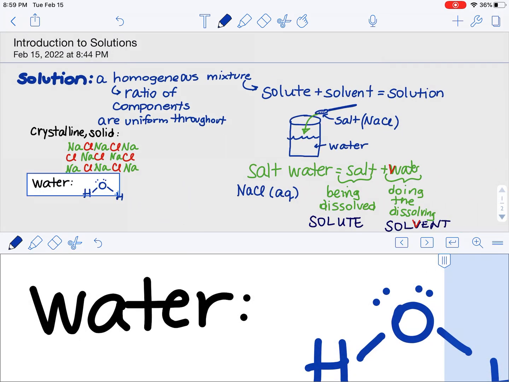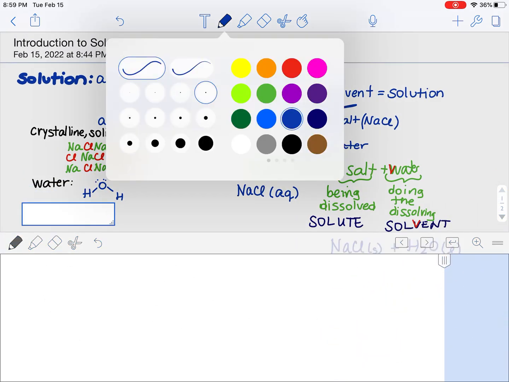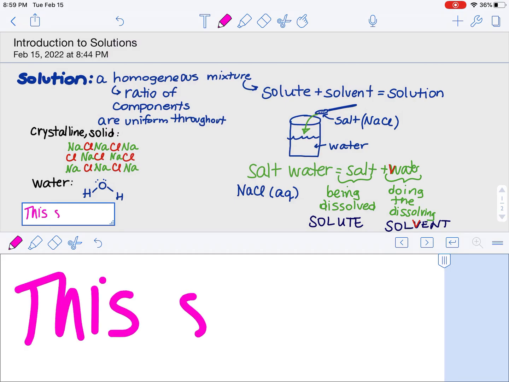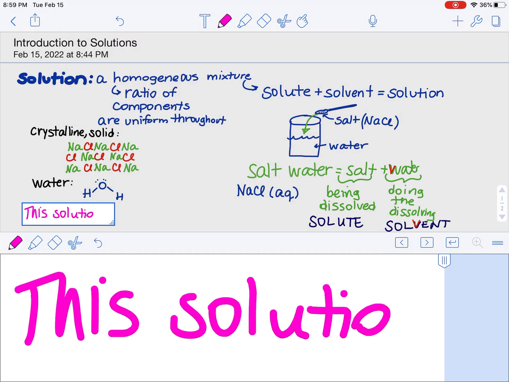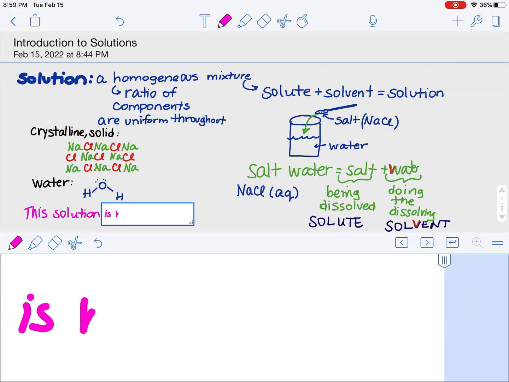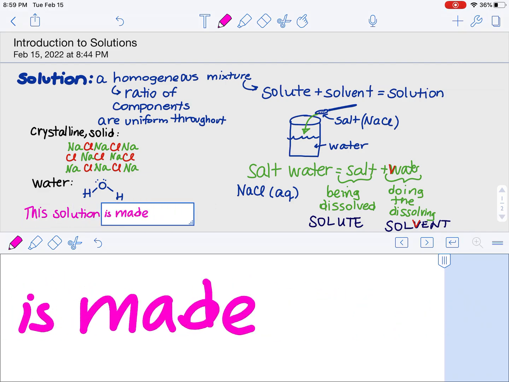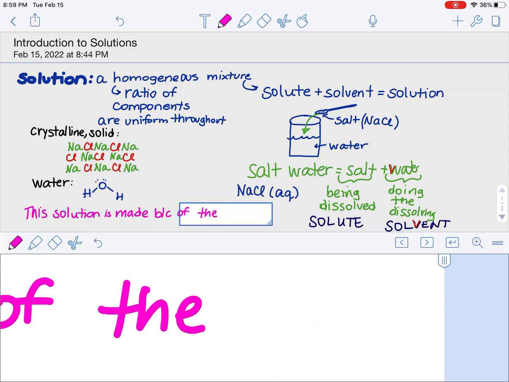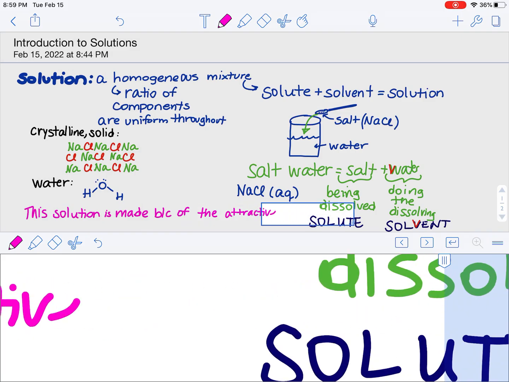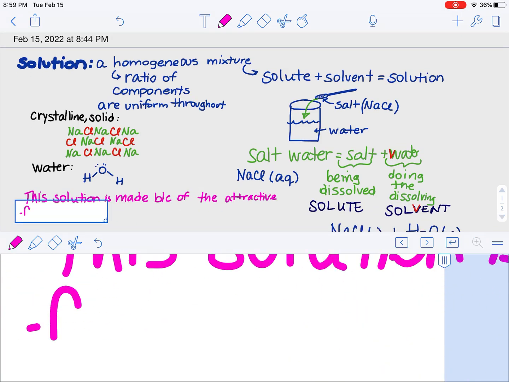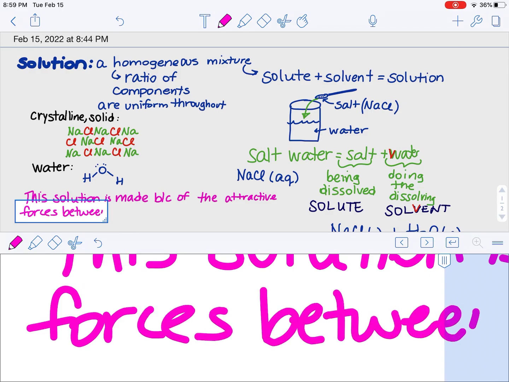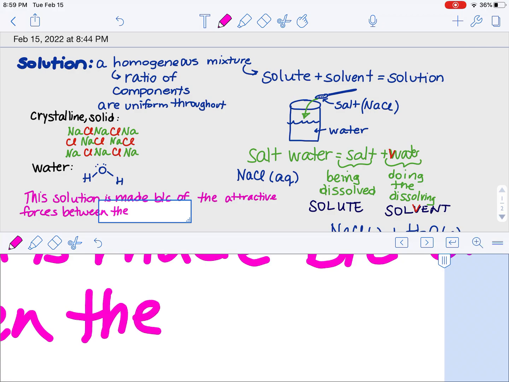And the reason why this solution is made, I'll change to a different color, is because of the attractive forces between the salt and the water.